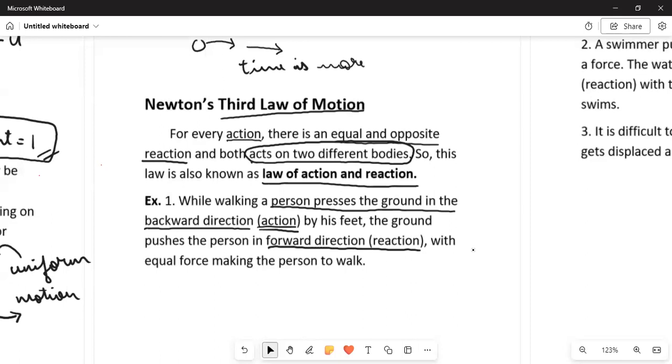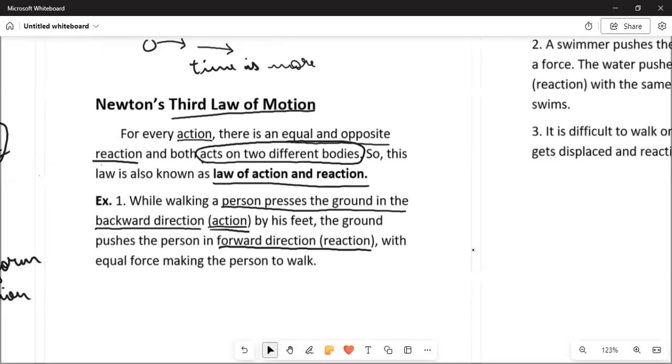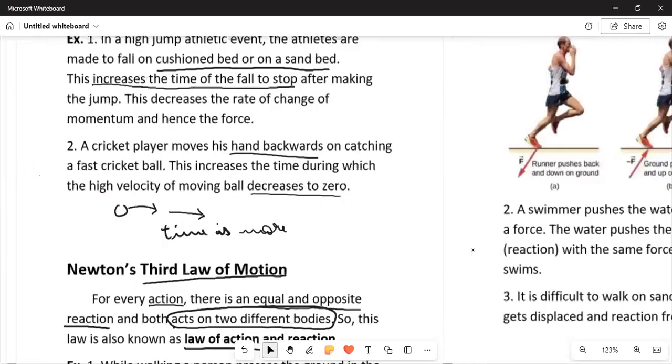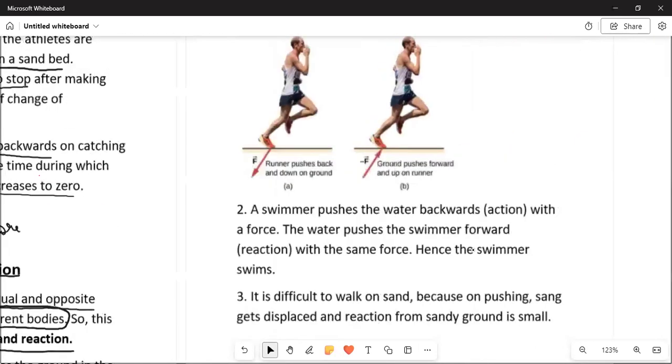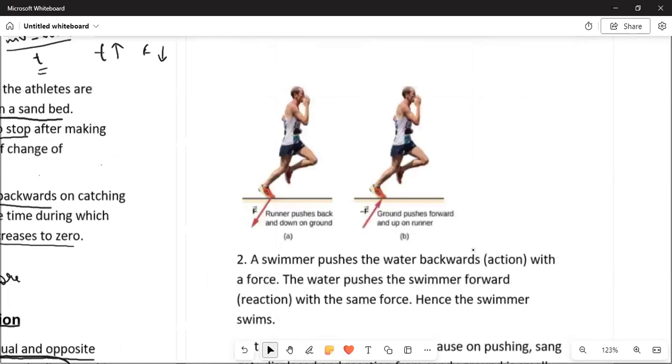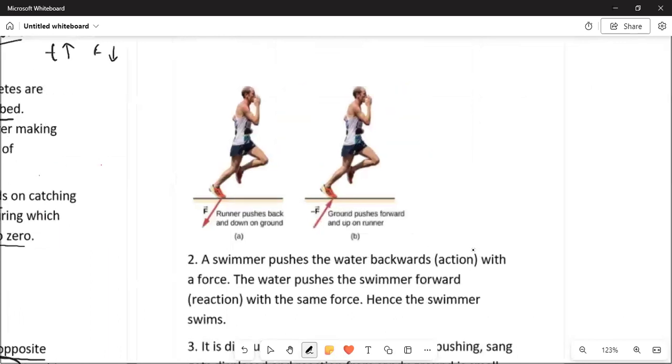Now see, if you look at this diagram, the person is trying to walk, and the person is pushing the ground with his feet in the backward direction. And as he is pushing, the ground is also pushing him back.